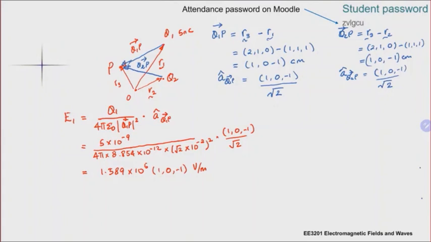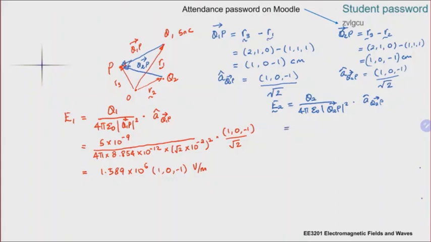Then we can do the same for E2. So it will be Q2, again over 4 pi epsilon naught, magnitude of Q2P squared, unit vector Q2P.